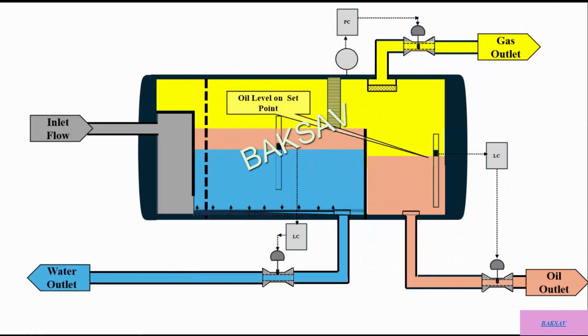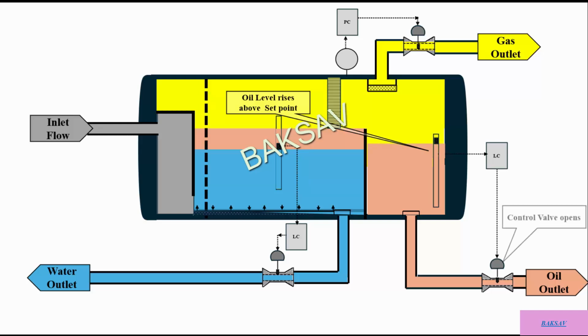In a similar way, oil level is maintained in the separator's oil section. Within the separation process, separated oil volume inside the separator increases. As a result, the separator's oil level indication rises, which forces the oil level controller to open the oil level control valve until the oil level drops and returns to the set point.